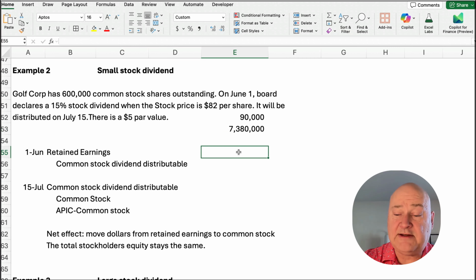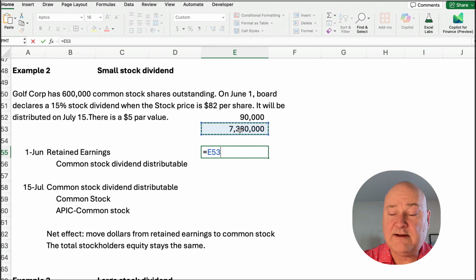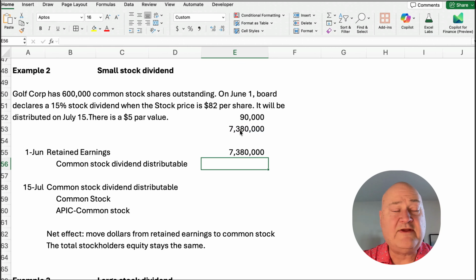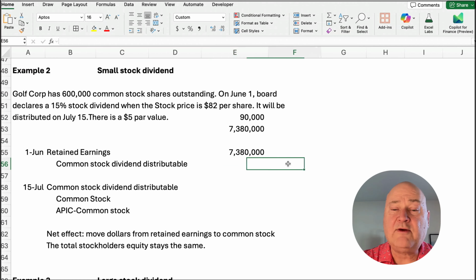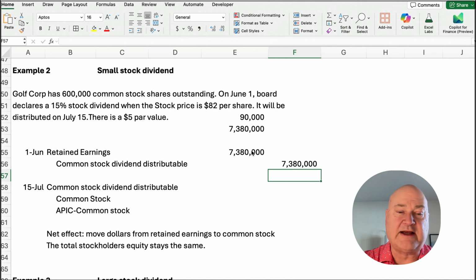So we're going to debit 7,380,000, and we're going to use an account similar to dividends payable. I wrote out the full title, though typically I don't: Common Stock Dividend or Stock Dividend Distributable. We pay cash, but we distribute shares of stock. So this is why the wording is this way.